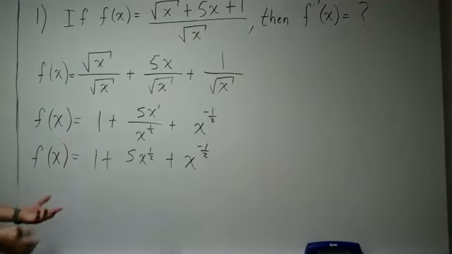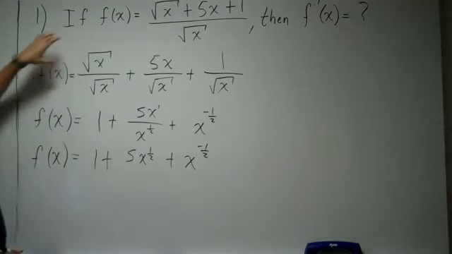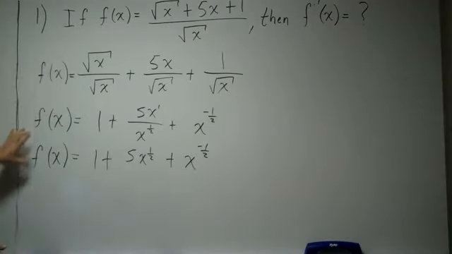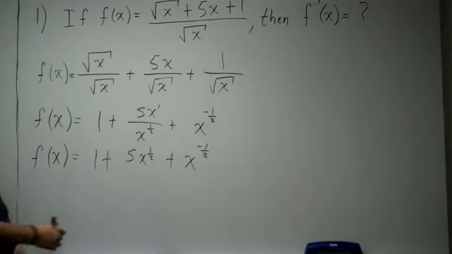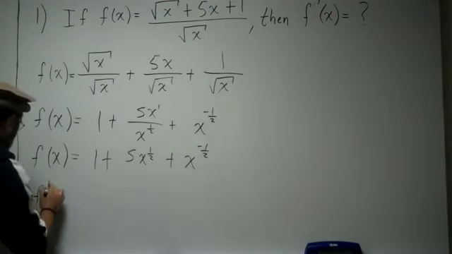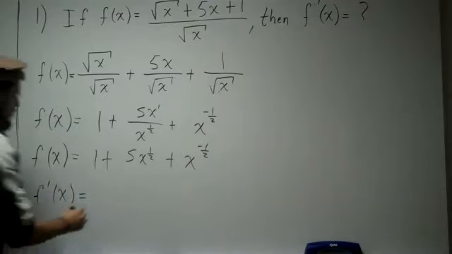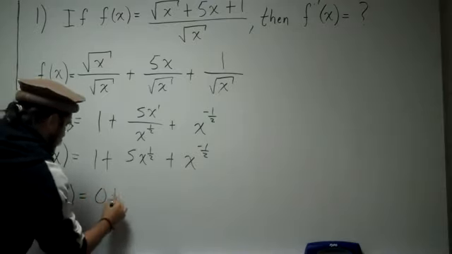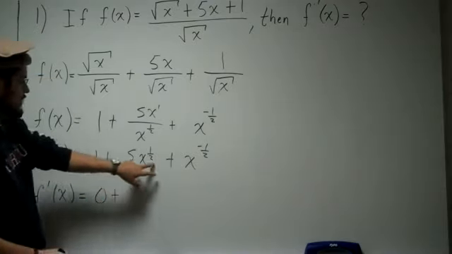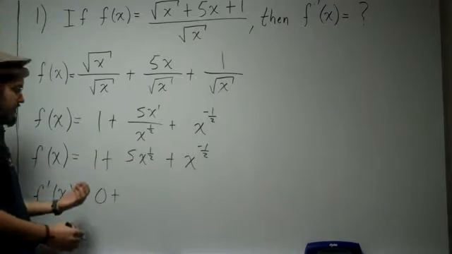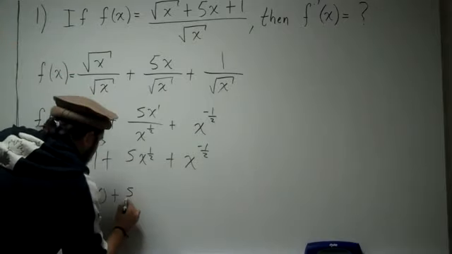Now we already simplified this function into this, and now we're going to take the derivative. So f prime of x is equal to the derivative of 1, which is 0. The derivative of x to the 1/2: just bring the 1/2 down, so we have 5 divided by 2.